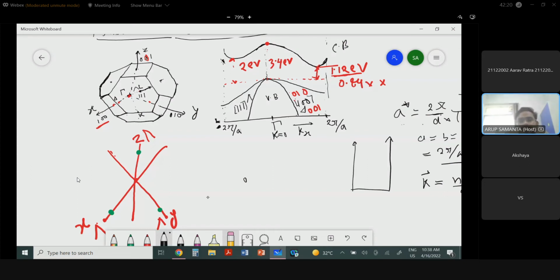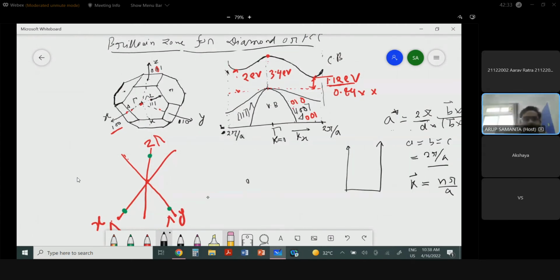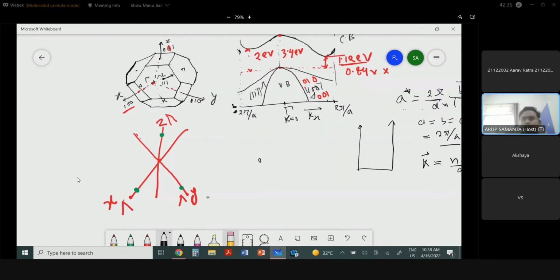So you can get these points here. Same, you can find the minimum 2 electron volts in this region. So for the 100 direction, if I consider only this alpha direction, meaning the x point, these are also called the x points.